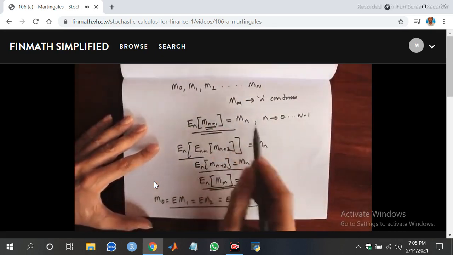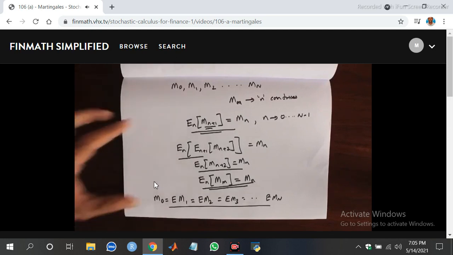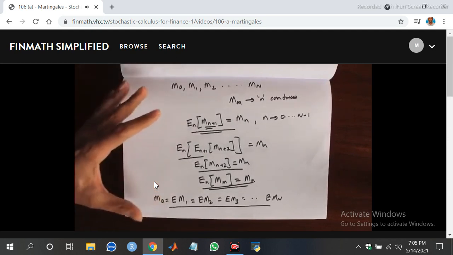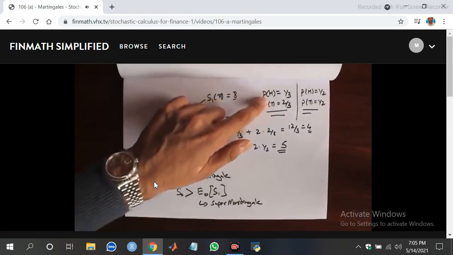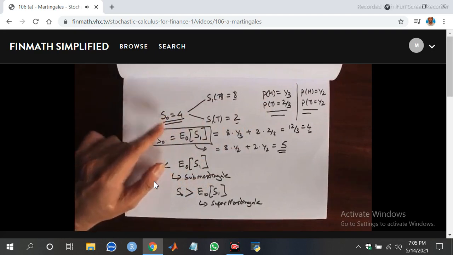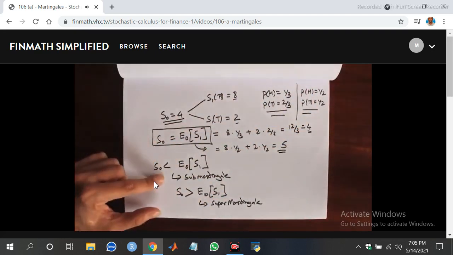And this is actually extremely important. Martingales are extremely important in mathematical finance, as we will see later. So at this point in time, that's basically what I wanted to talk about in this particular lecture. So we've defined what a martingale is, and I showed you, under this measure our stock process was a martingale, and under this measure our stock process was a sub-martingale.